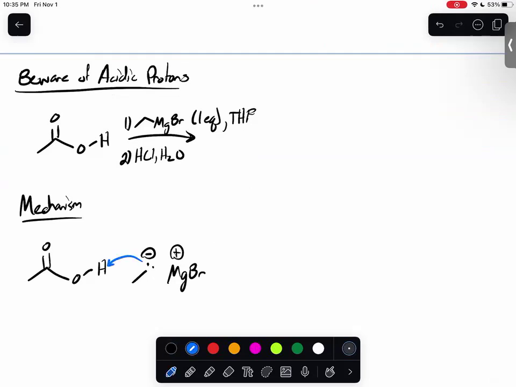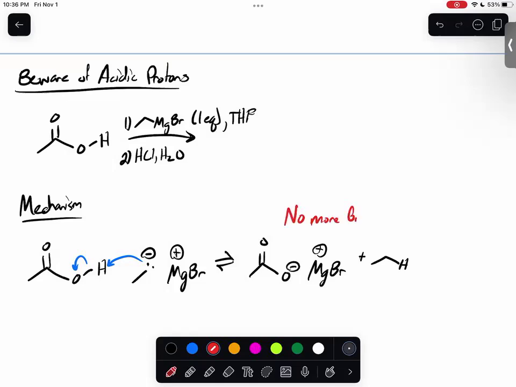And since this carboxylic acid forms the very stable conjugate base, carboxylate, you can imagine that's going to be quite a bit more stable than our negatively charged carbon. So essentially, we add a hydrogen onto our Grignard reagent. And since we only have one equivalent, with no more Grignard, we essentially see no more reaction.